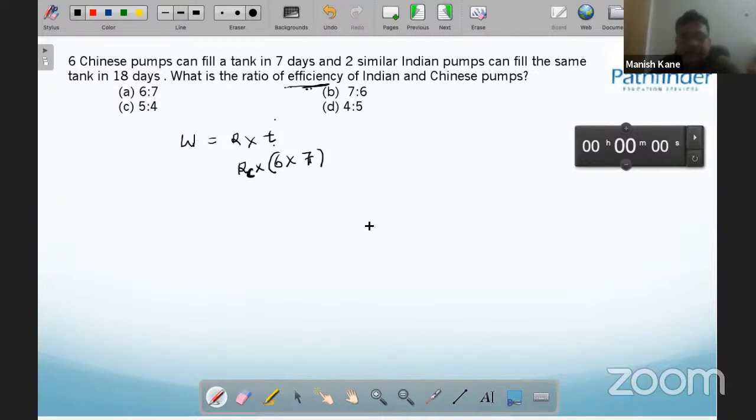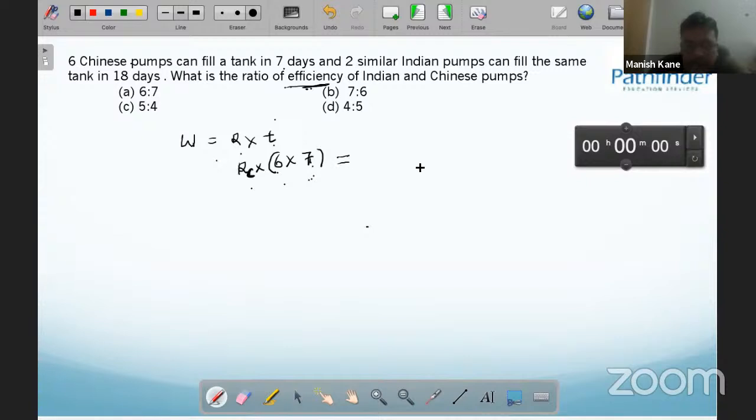This is the work done, correct? Work done is always rate into time. Since 6 Chinese pumps have worked for 7 days, the time is 6 into 7, 42 Chinese pump days.